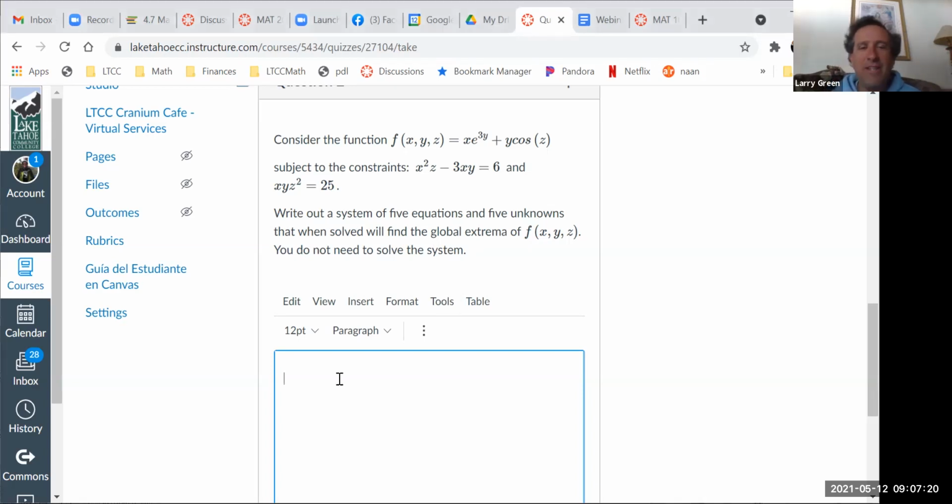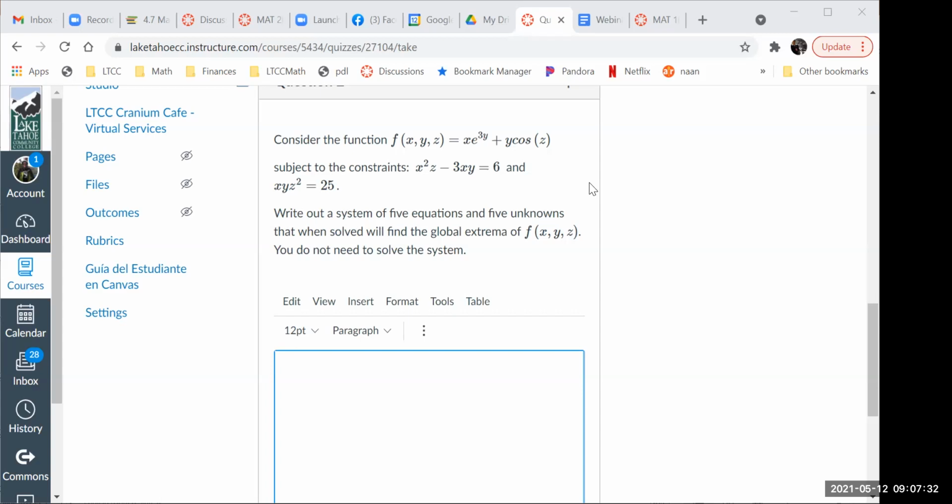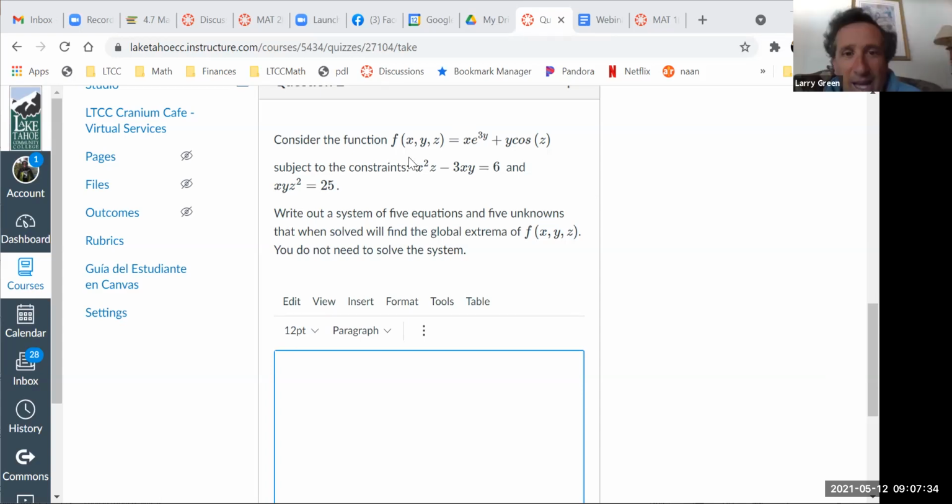So what do I have to do now? Still take the gradient, I think. Yeah, but I'm going to change your grammar. Still take the gradients, plural. There's 3 of them, so we need all 3 gradients. So grad f is equal to, take the derivative with respect to x, you get e to the 3y.